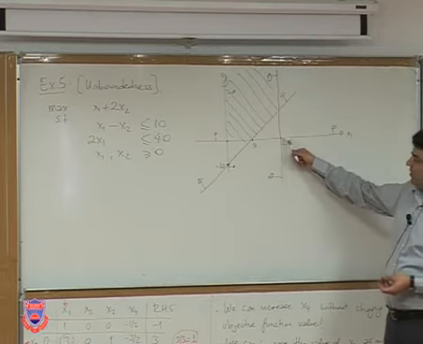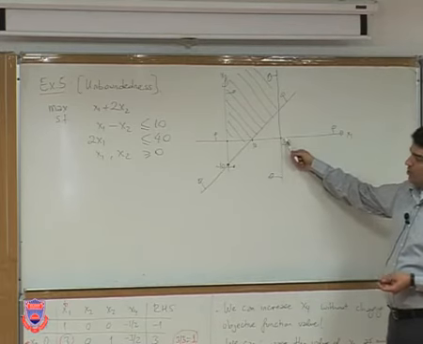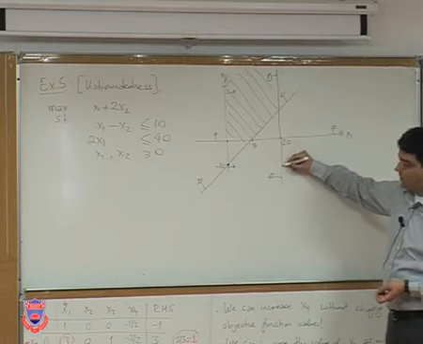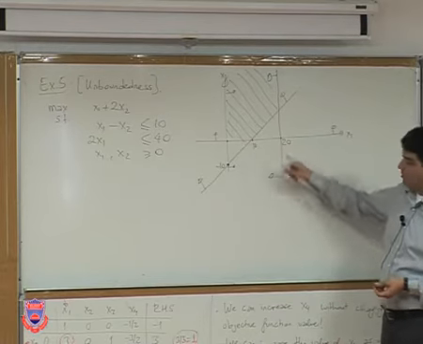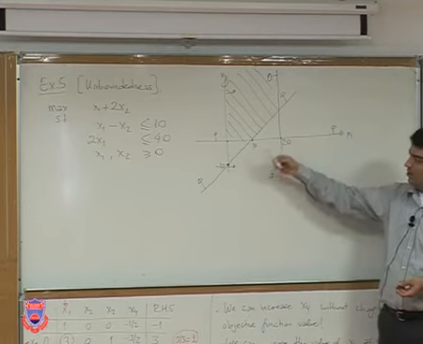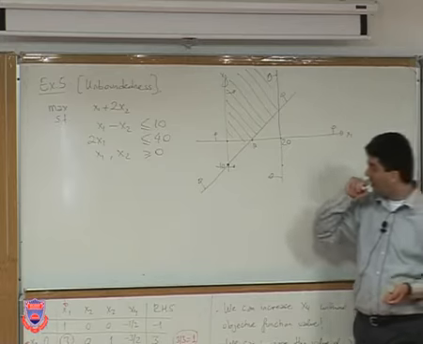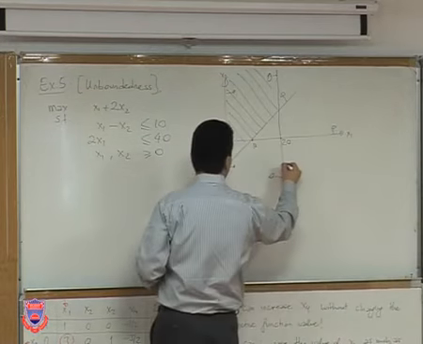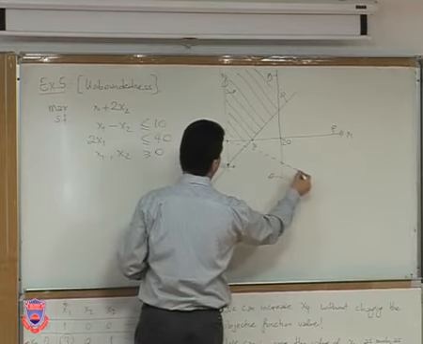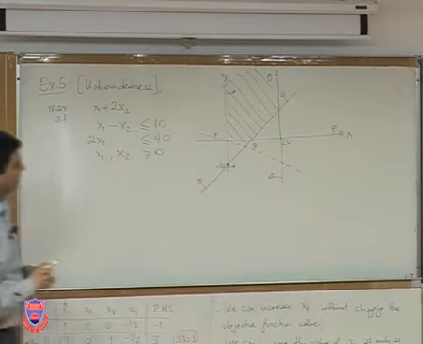For example, if x1 is equal to 20, x2 will be equal to minus 10, basically, right? So when I said x1 plus 2x2 equals 0, if x1 is 20, x2 will be minus 10, to satisfy that. So it's going to go through these 2 points. So this is my isoprofit line.